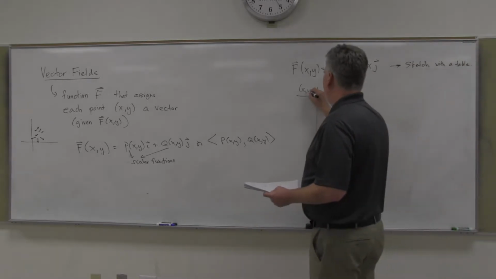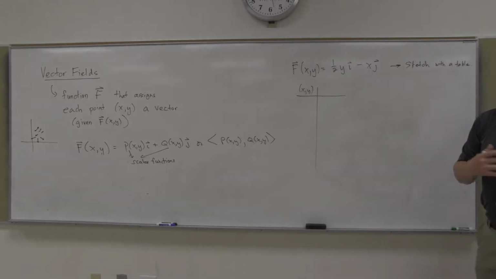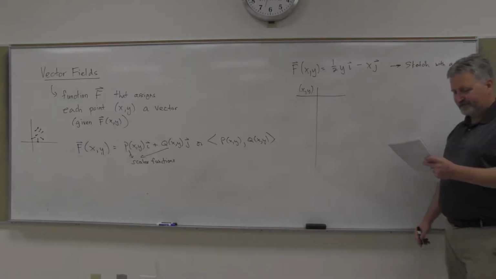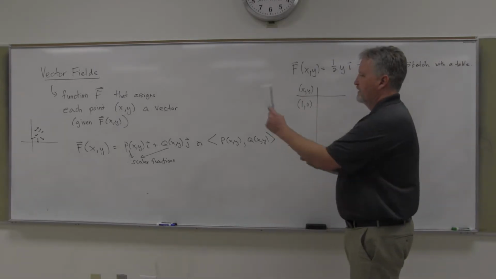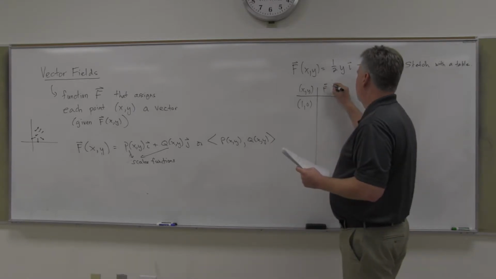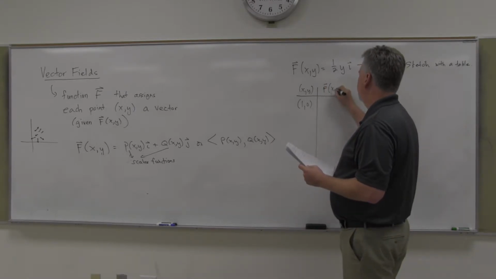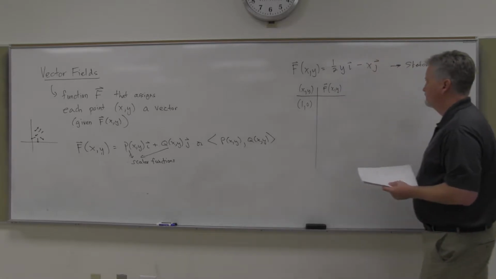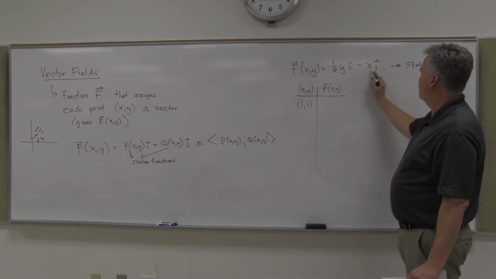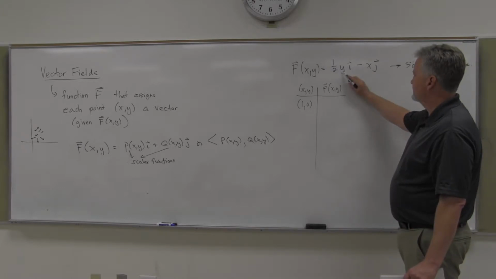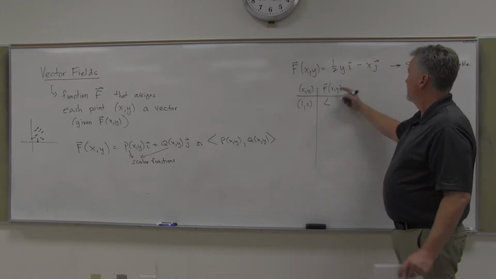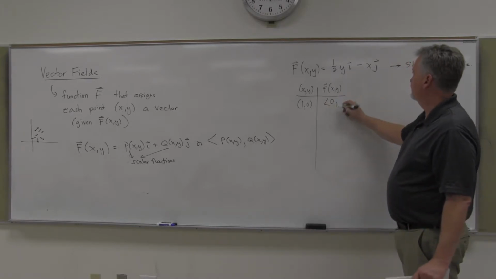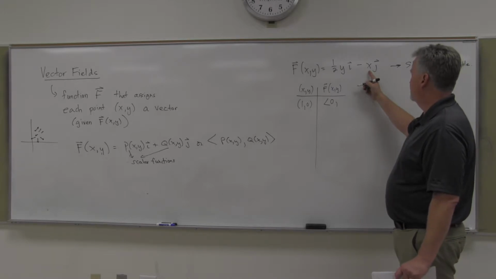We're plugging in x comma y, so we're plugging in different points, and there are infinitely many points we can choose from. Let's start with 1, 0. On the second side of the table, we'll put what our function is. If I plug in x to be 1 and y to be 0, what kind of vector does that give me? Since y is 0, that part's 0, and then that part is -1.